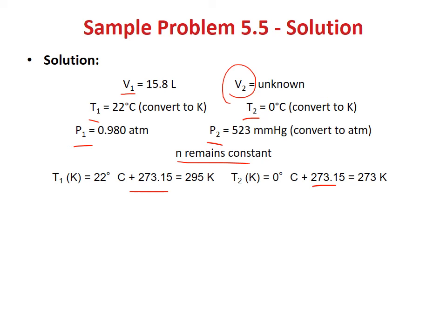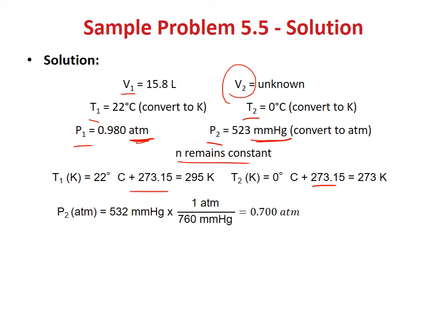Now let's convert pressure from millimeter mercury height to atmosphere. We use 532 millimeter mercury height divided by 760 millimeter mercury height, which is equivalent to 1 atmosphere. So millimeter mercury height cancels and gives you atmosphere. That's P2.